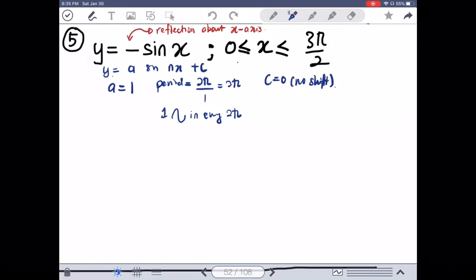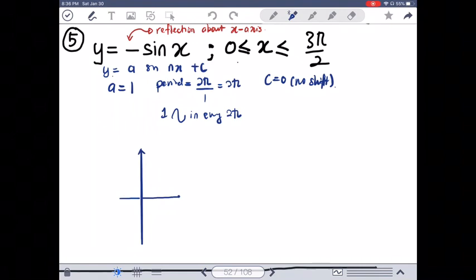When we draw the graph, this is the y-axis, x-axis.